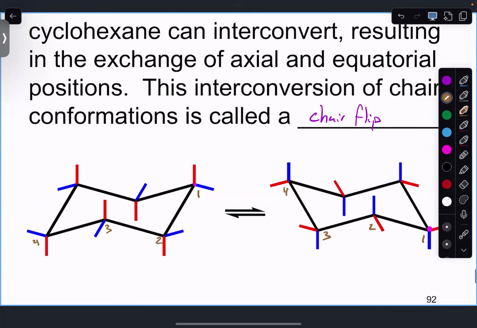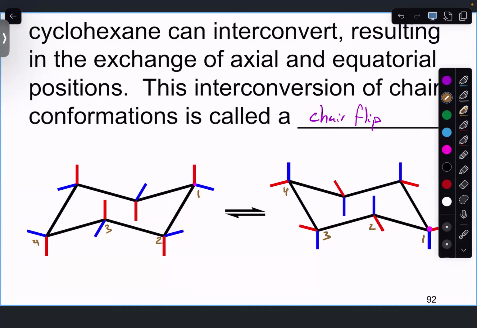All right. So basically all we did, in going from one chair to the other, was that the one was the head in the left-hand form. We brought it down. So in the other chair form, the one is now the foot. And now this alternates your equatorials and axials? Exactly. That's the point.